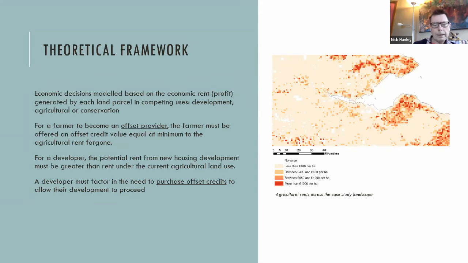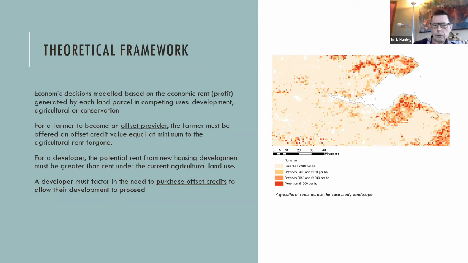We base this, and I'll say more about it in a minute, on our Forth Valley case study area. And we set up a conceptual framework where every grid square is essentially, let's think about them as a landowner. And that landowner can allocate their land into 3 different uses.